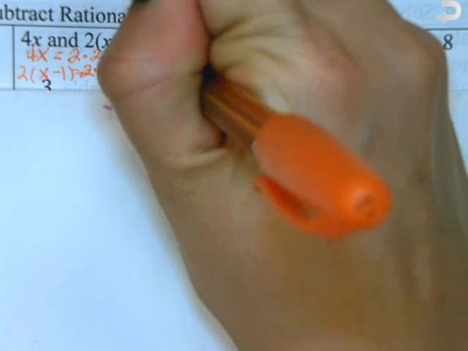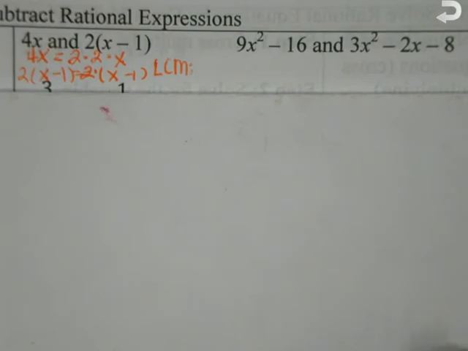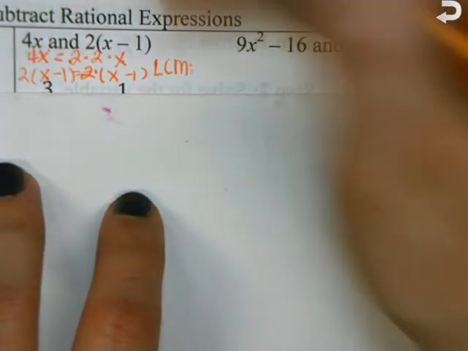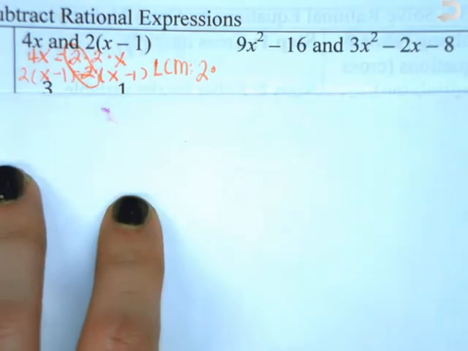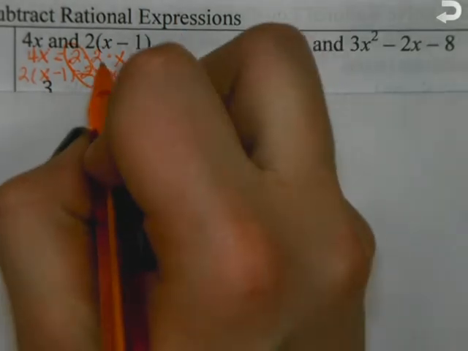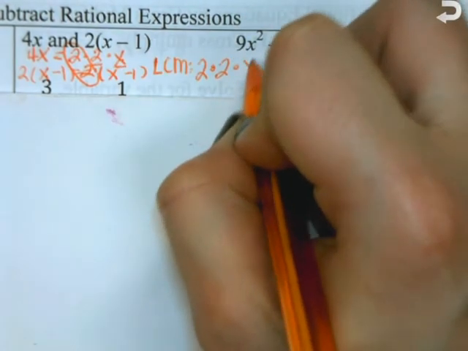So the LCM here, first we need to write out what's in common. Do these 2 terms have anything in common? A 2. Just one though, right? Yeah. So they have one 2 in common. Then we have to include everything that they don't have in common. What do they not have in common? There's a 2, there's an x, and there's an x minus 1.